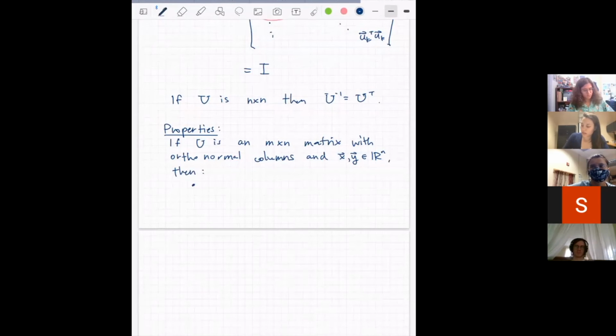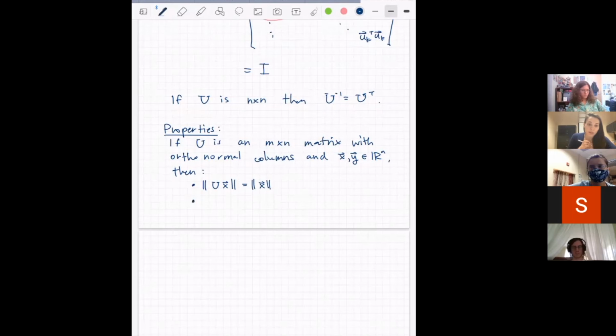So first, if we take U and multiply it by X, and then take the norm, right? So U times X is going to give us a vector. We can take its norm and then compare that to the norm of the original vector. So it doesn't change norms. Multiplying by U does not change the norm of that vector X, right?